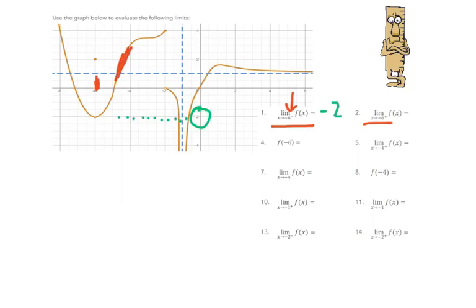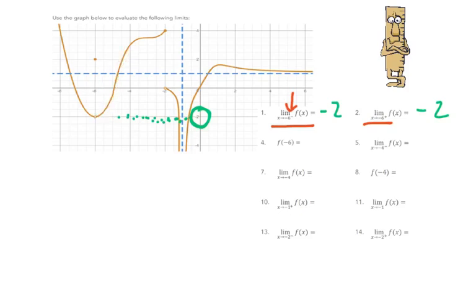Well, again, I'm going to follow that from the right, going back towards my x value of negative 6. And what y value am I approaching? Well, it's the same y value as last time. As I move my eyesight over to the right, to the axis, I see that y value is also negative 2. So question 1 and question 2 are both the same thing.